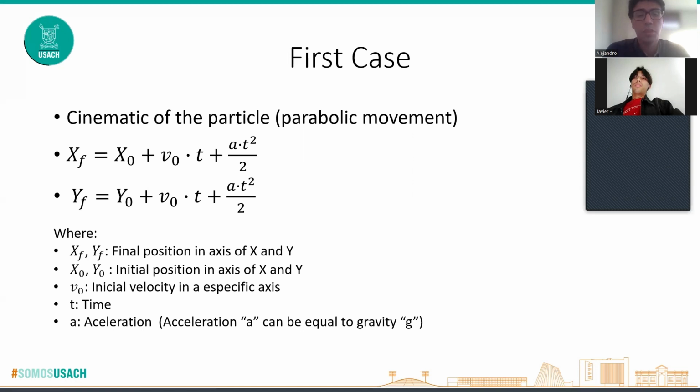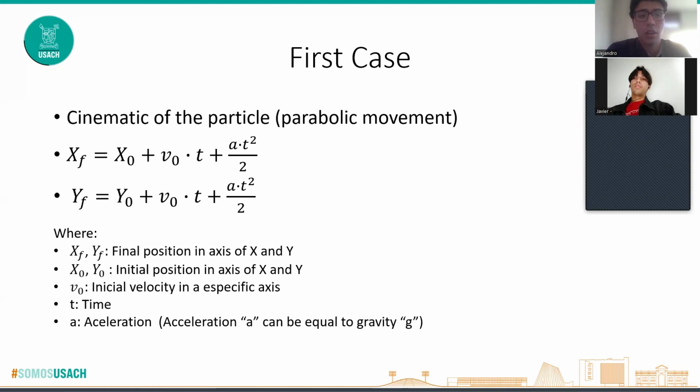And for the second expression, we have y_f equal to y_0 plus velocity times time plus the acceleration times time squared divided by 2.